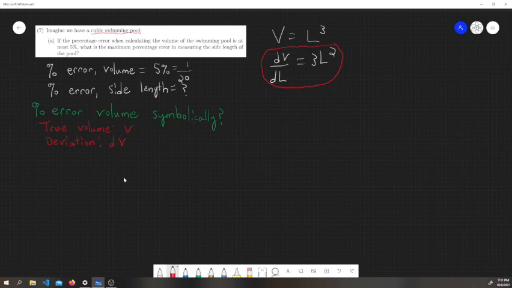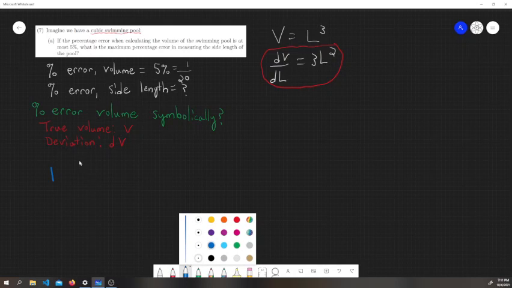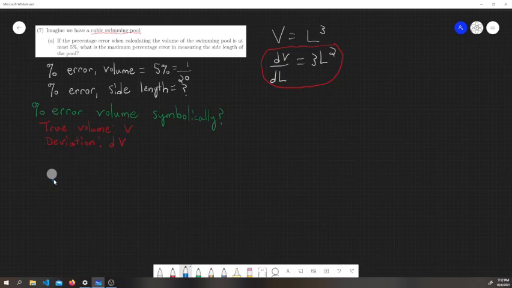So the deviation is going to be dV, because you can think about it like this: if I'm looking at just one side length of the swimming pool, this is just this volume right here.